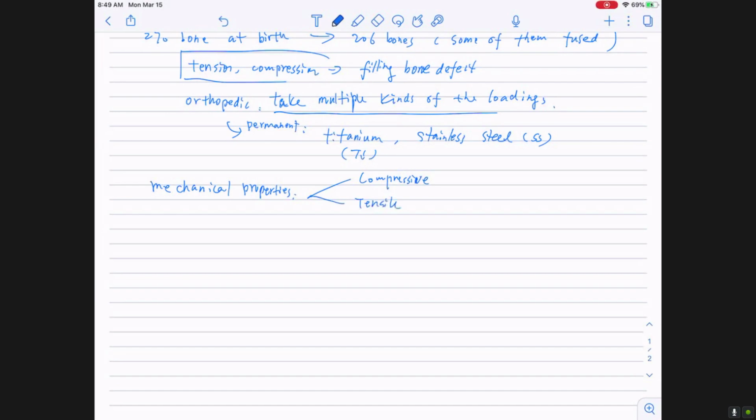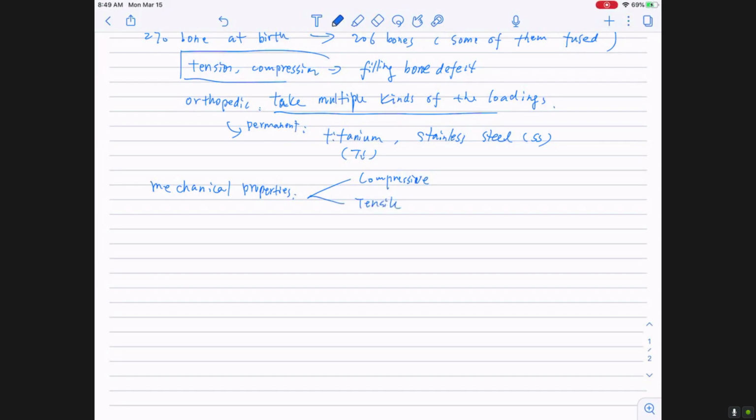Elastic modulus is generally the ratio of stress to strain.